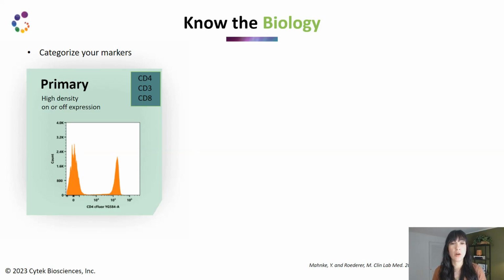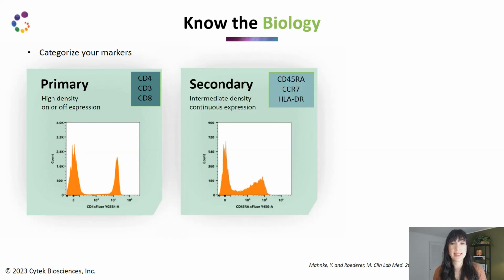It typically has an on-off pattern. So you can see in that data plot there, the cells either have the marker or they don't, and there's no in between here. The secondary marker, however, you could describe it as its intermediate density, or maybe it has a continuous expression. So we have both low density and high density antigens, and we want to be able to resolve all of that expression.